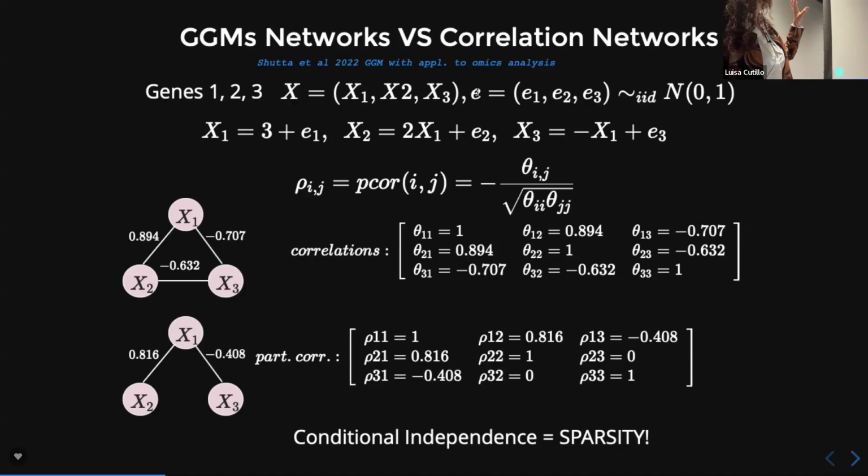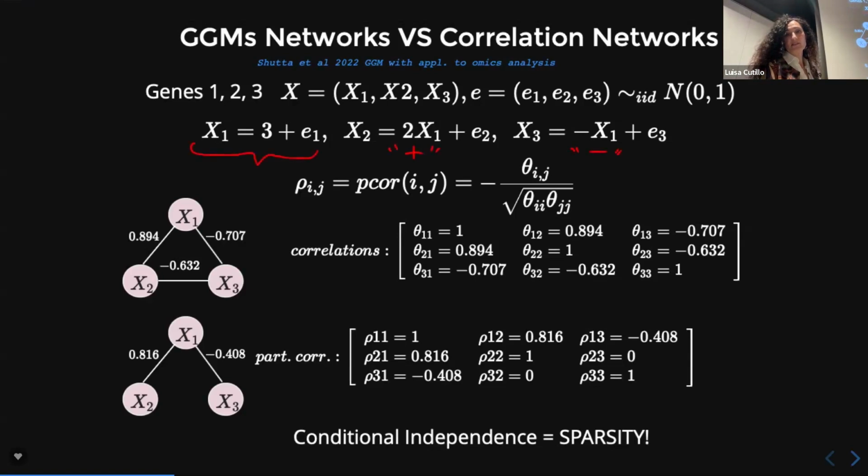So you can imagine that the expression level of gene 1 is specified by a constant plus some random variation, and then gene 1 is positively regulating gene 2 here, and then it is negatively regulating gene 3, like this, okay? So we have a constant value plus positive regulation, negative regulation. Imagine we want to compute the correlation and the partial correlation matrix.